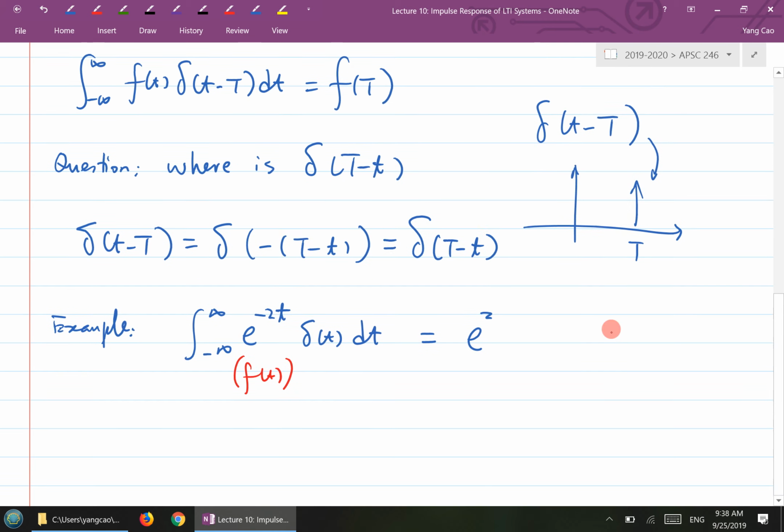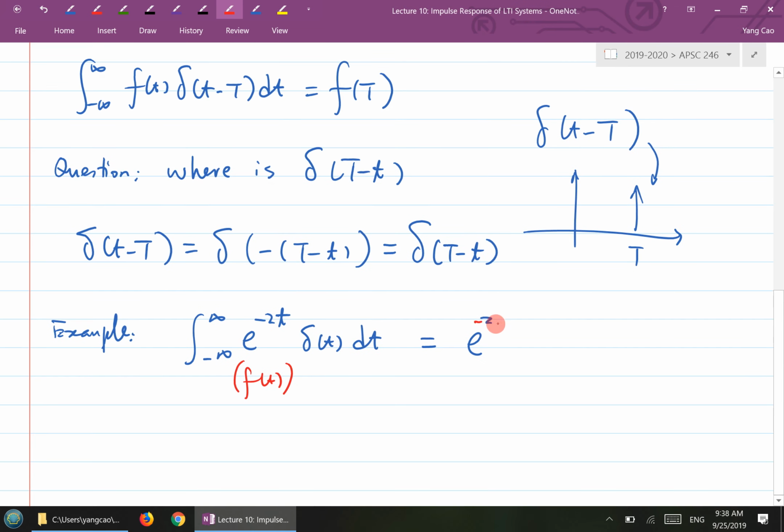We're looking at the value of this f of t at t equal to 0. Any questions so far? It's all good? Okay. So then t equal to 0 substituted, you got 1, right?